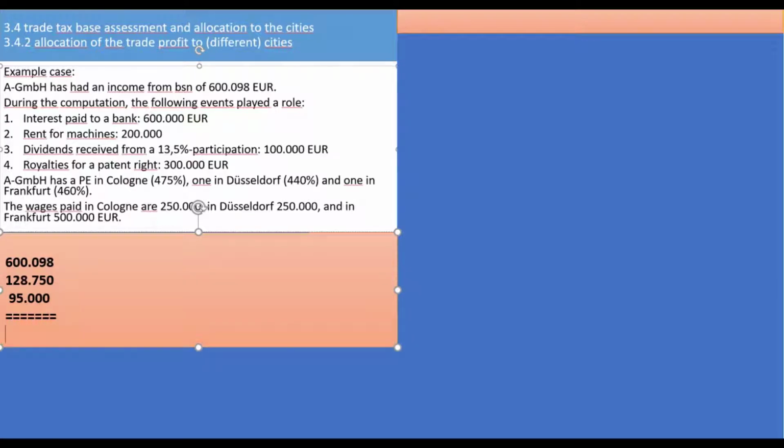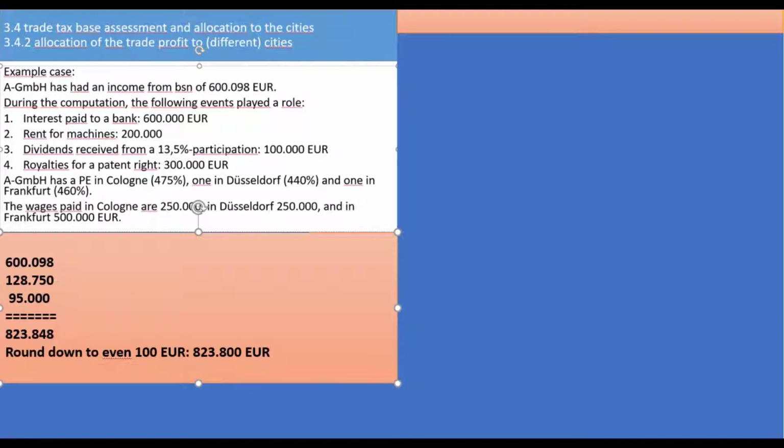So we have a total of this. Round down to even 100 euro, that is 800 euro.